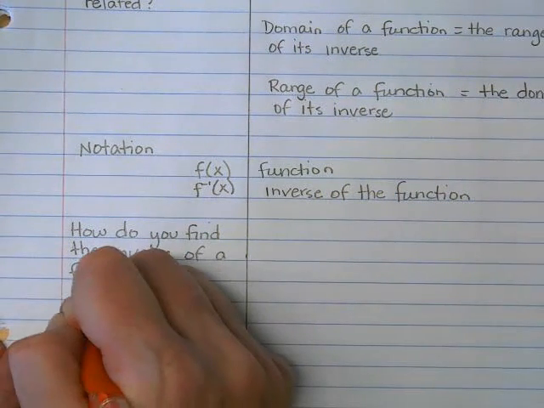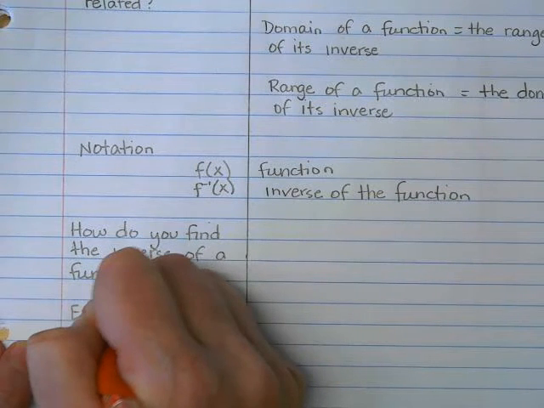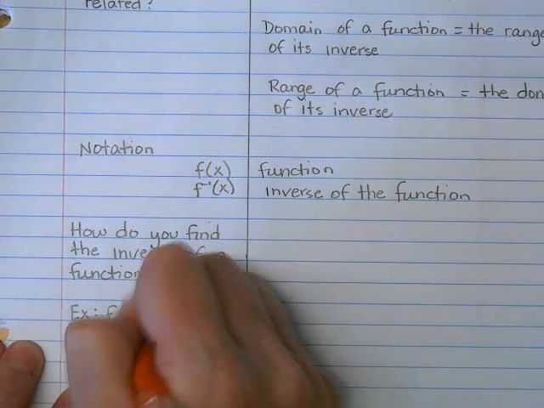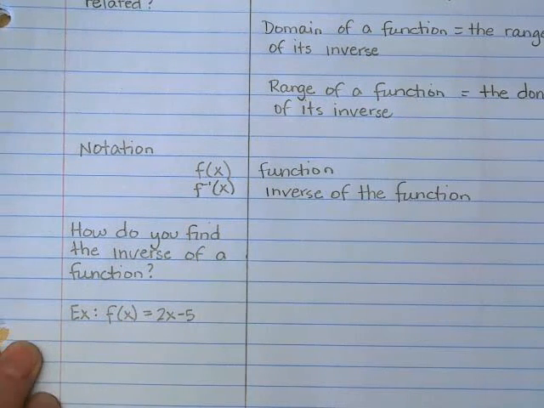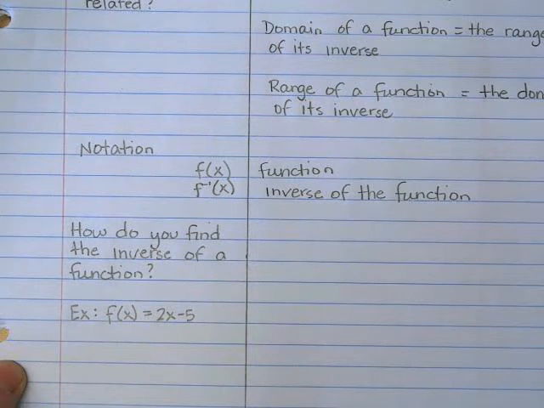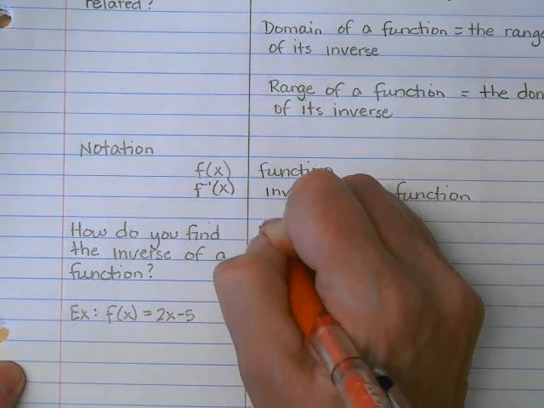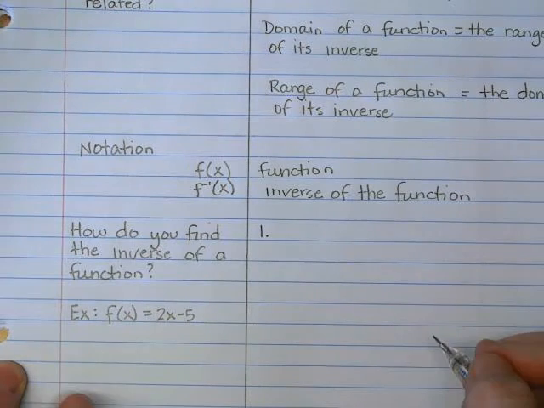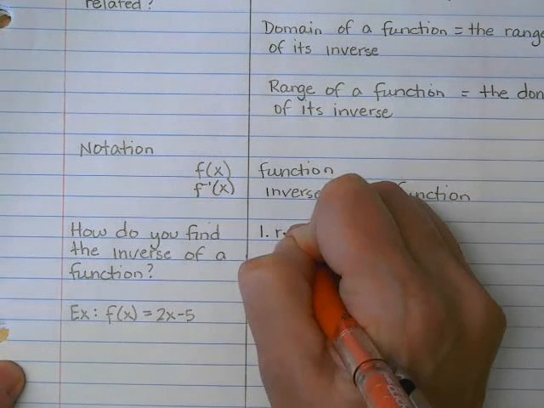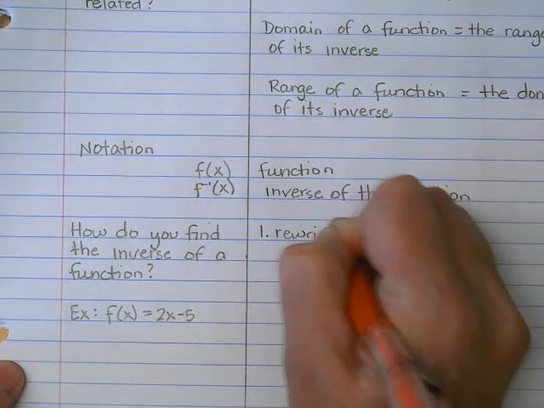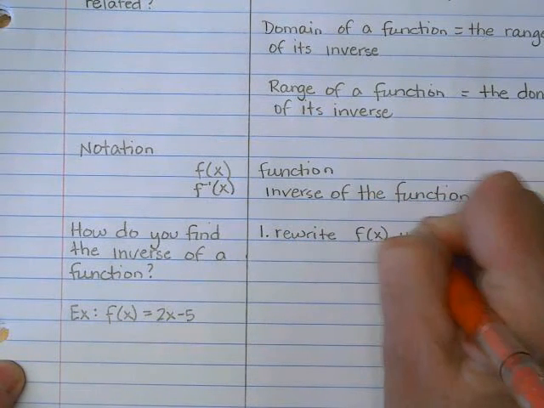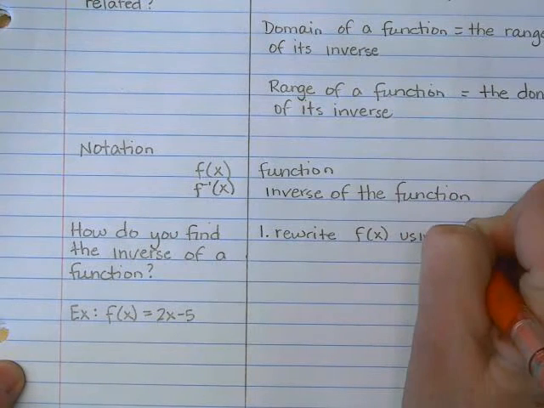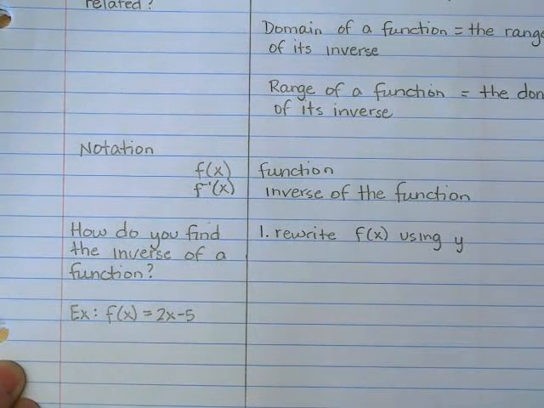Okay, and let's give an example. Let's say that I gave you this function, that f of x is equal to 2x minus 5. Okay, so I'm going to put it up here. Okay, the first thing you do is you rewrite f of x using y.